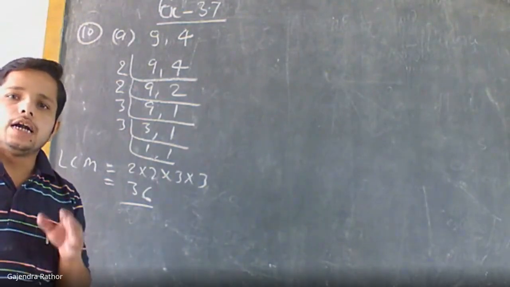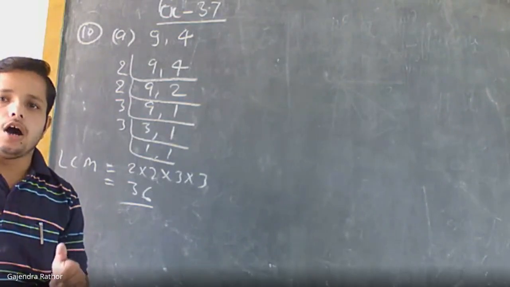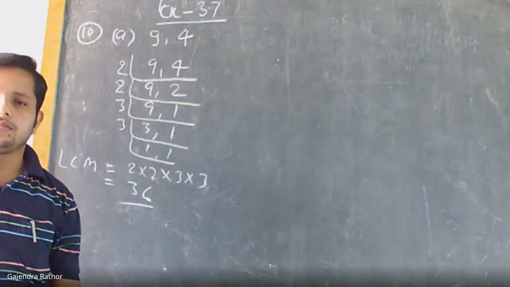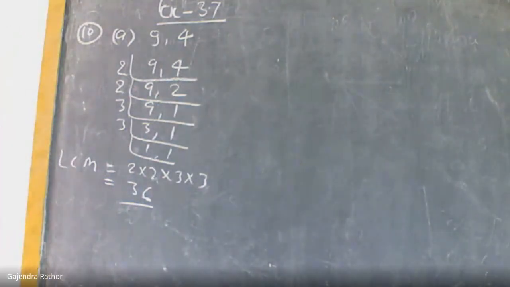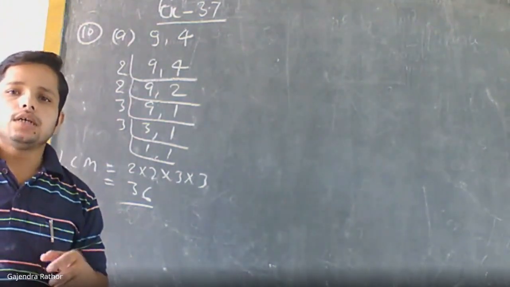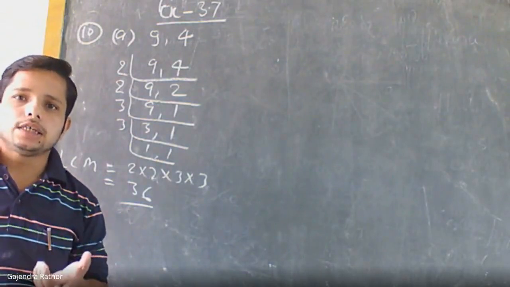Is 36 a product or multiple of 9 and 4? Please reply. Yes, this is correct because 9 4s are 36 and 4 9s are 36.